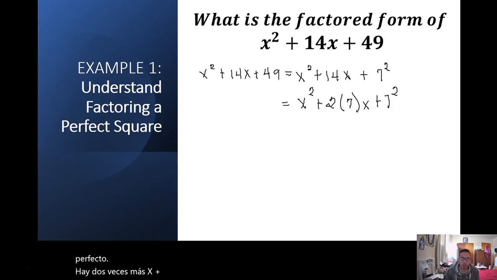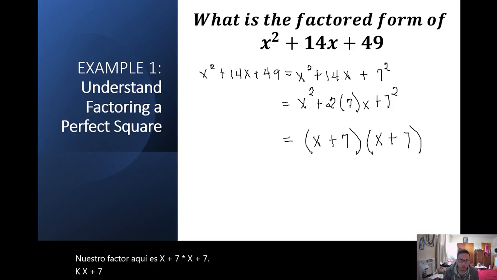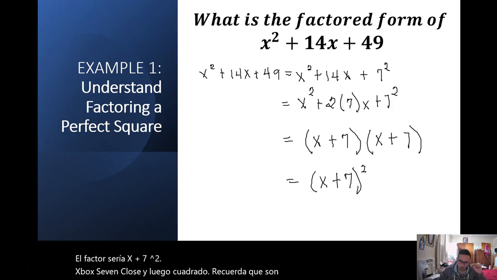So we can now say that our factor here is x plus 7 times x plus 7, or the factor would be x plus 7 squared. Remember that 2ab, 2 times a times b, is equal to 2 times 7 times x, which is 14x.